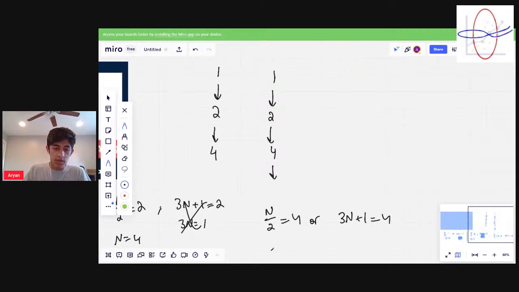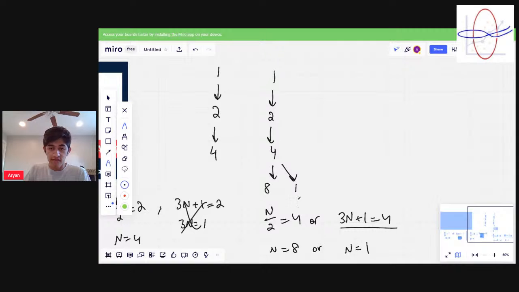The first always works: n divided by 2 equals 4, so n equals 8. But our second solution is also viable here because we get n equals 1 as the solution to this equation. So when we plug in 8 or 1, we get an output of 4.